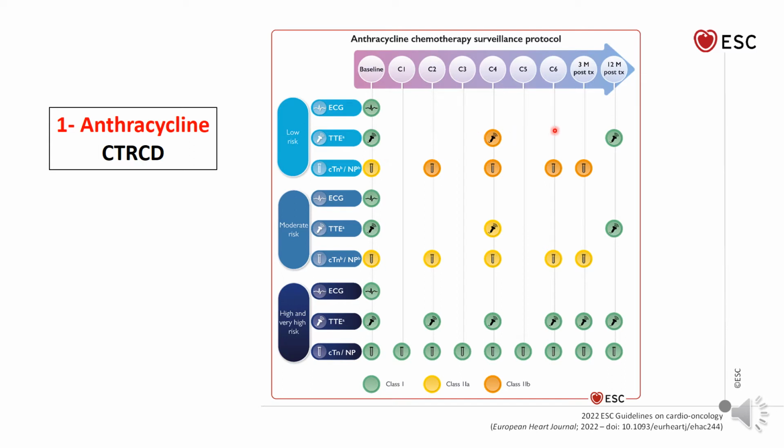And as we can appreciate here, the surveillance does not stop at the end of the drug. As we said, 98% of anthracycline-related cardiotoxicity occurs within 1 year after the therapy, with a median duration of 3 months. So we can see here that surveillance continues 3 months post-therapy and 1 year post-therapy.